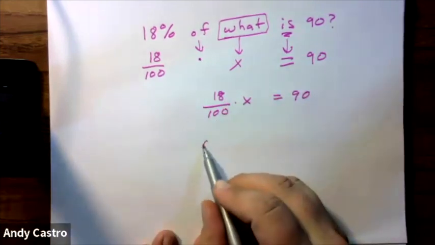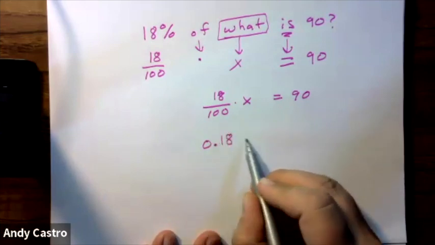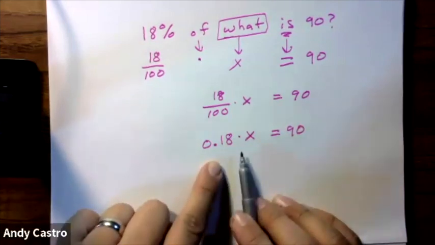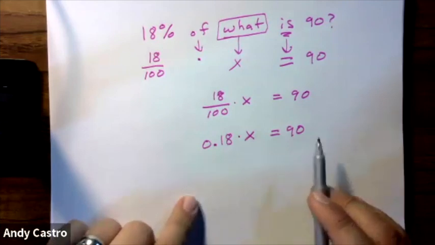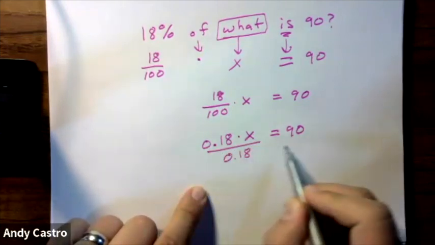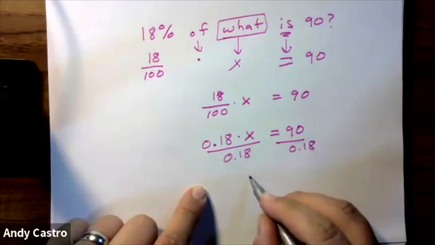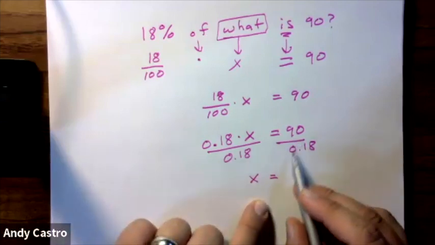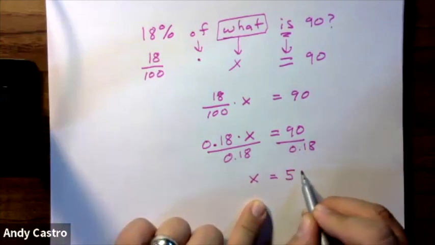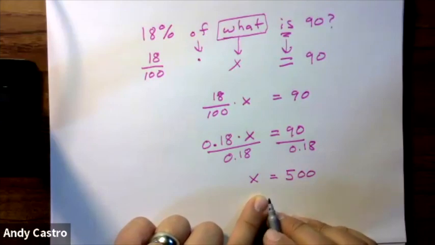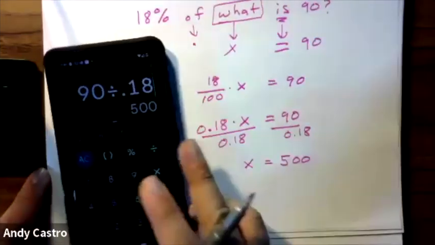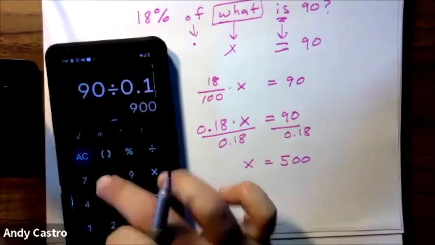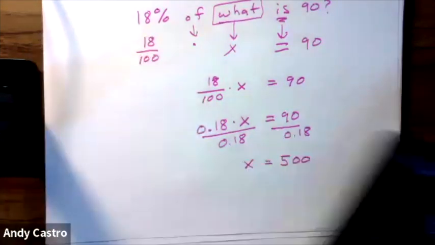18 over 100 is 0.18 times x is 90. In order to get x by itself, I'm going to divide both sides of this equation by 0.18. And 90 divided by 0.18 is 500. Let me show you that. 90 divided by 0.18 is 500.